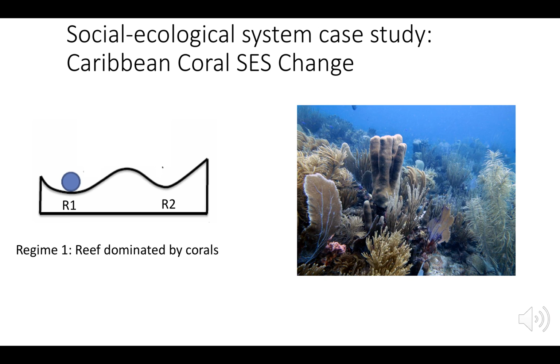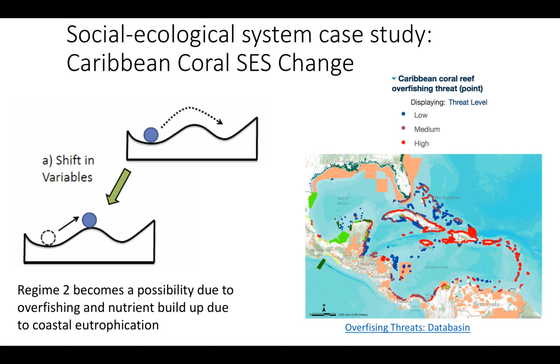In fact, they provide quite a buffer to the overall system during those shocks. You start to see some shift in the variables. For example, regime 2, this alternate regime, becomes more of a possibility because of overfishing and nutrient buildup.